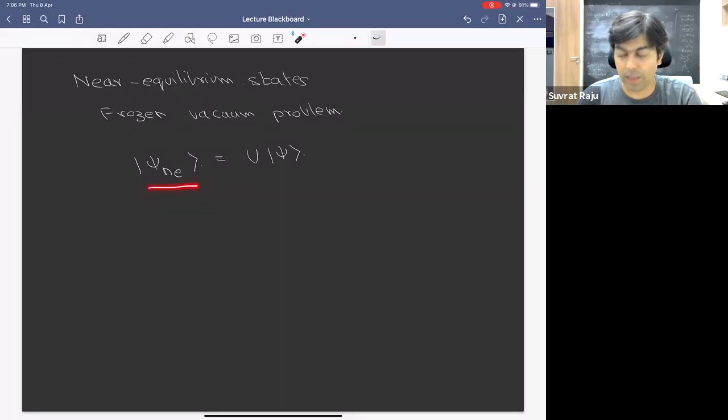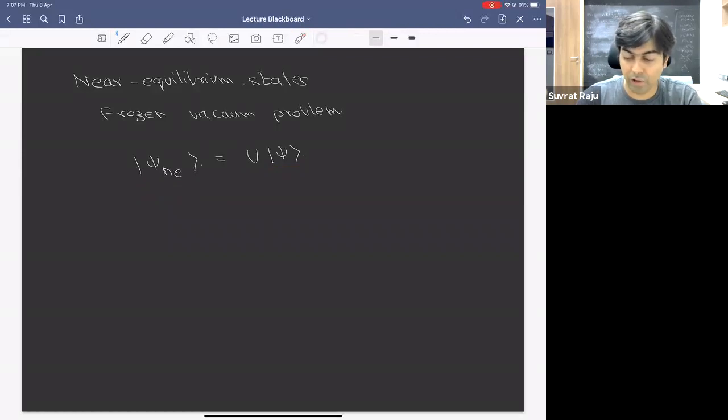I'm just calling this state psi ne. If this original state is in equilibrium, then you can check that no other excitation made up of simple operators will give you another state which is an equilibrium state. Of course, we're not considering the Hamiltonian here.